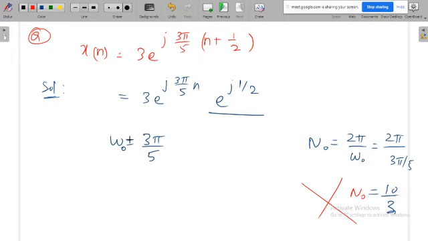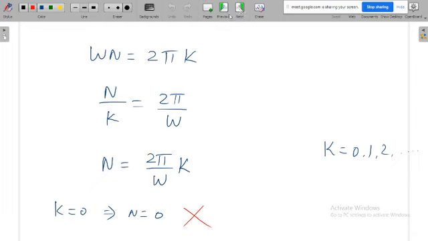So we have to apply the regular formula. This is one of the important formulas that you need to remember always. Whenever you come to discrete signal period calculation, you have to remember this formula exactly.